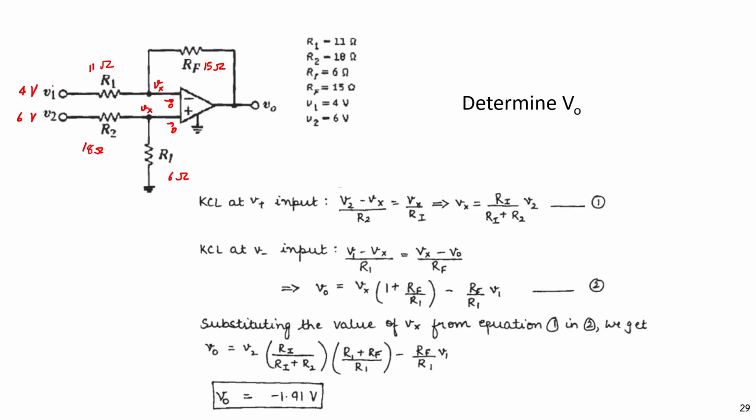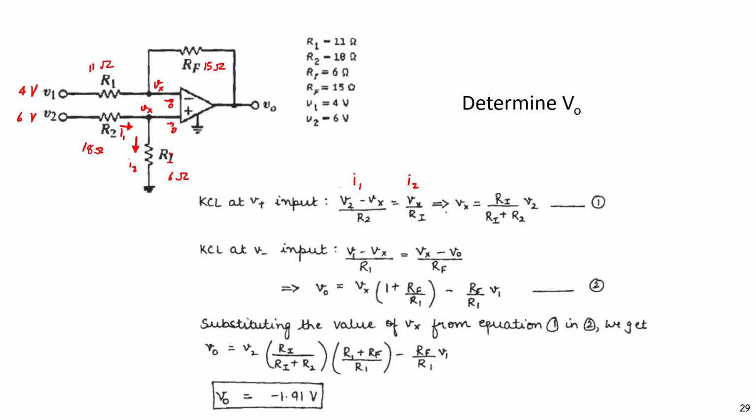So V1 minus Vx is the current flowing here, and V2 minus Vx is the current flowing here, right? So take KCL at this positive node: V2 minus Vx divided by R2 equals Vx divided by Ri. Here this is Ri. So this current and this current, this is I1 and this is I2. I1 and I2 are equal, right?